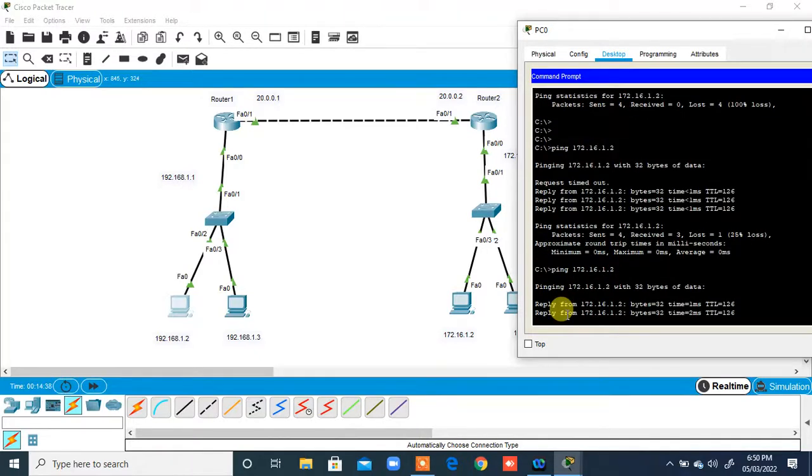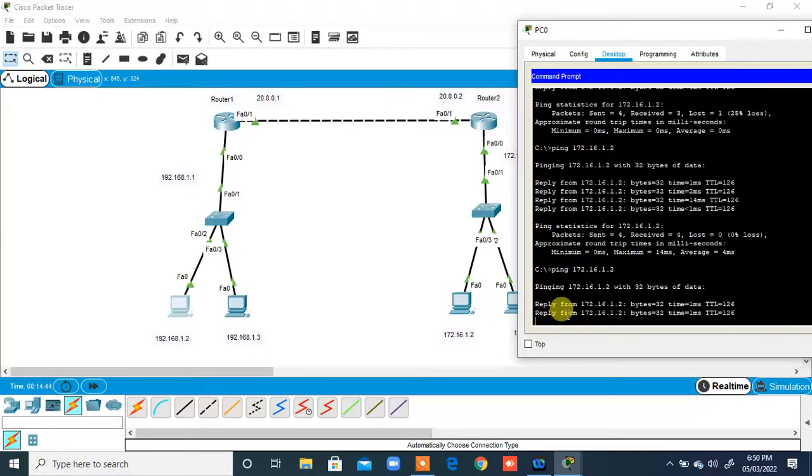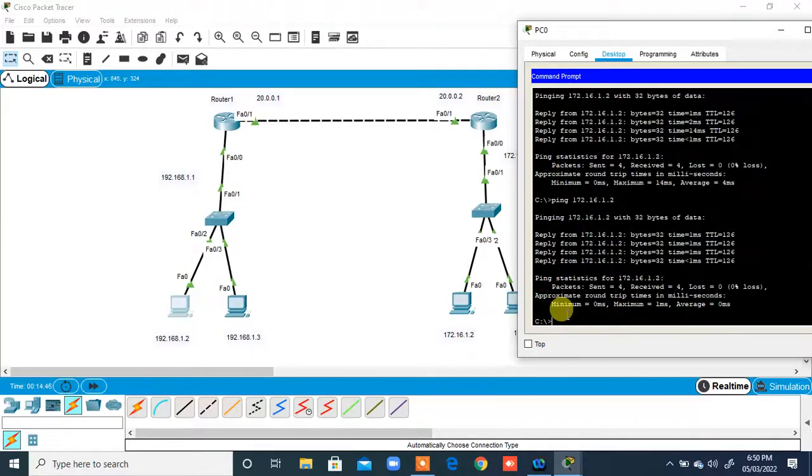Earlier we were not able to get the reply and we were getting destination host unreachable. It was only because this router did not have information about my second network, and vice versa. Router 2 did not have information about my first network. So we have configured RIP, and with the help of RIP we have done the advertisement of whatever routes we have. So this is how we do RIP.